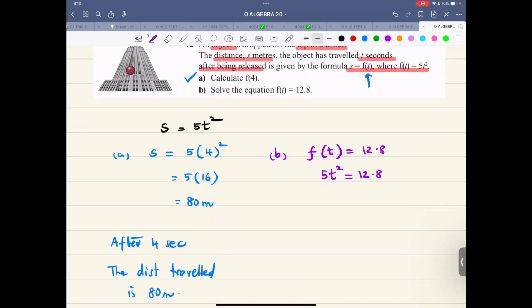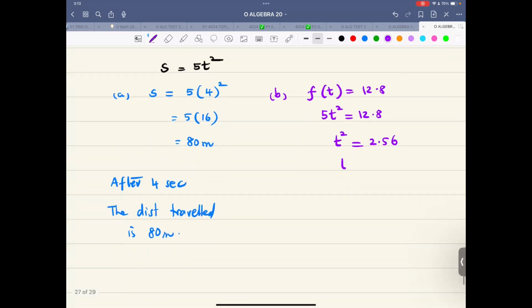First thing, 12.8 divided by 5 is 2.56. T square is 2.56, and if I'm not mistaken, t comes out to be 1.6. Of course, you can use your calculator; I have used my memory. So t comes out to be 1.6 seconds. Yes, it is correct.